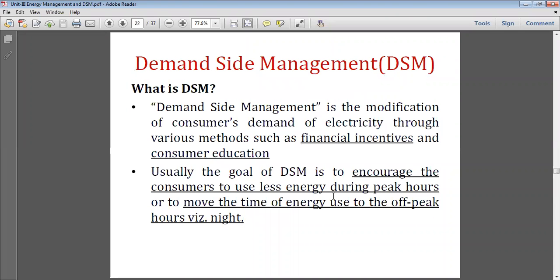We came to know the objectives of demand side management, and it consists of two major parts. One is demand response, and second is energy efficiency. In demand side management, the utility should provide some financial incentive as well as consumer education, so that consumers are encouraged to use less energy during the peak hours, and use energy in the off peak period, moving their demand from peak hours to the off peak period.